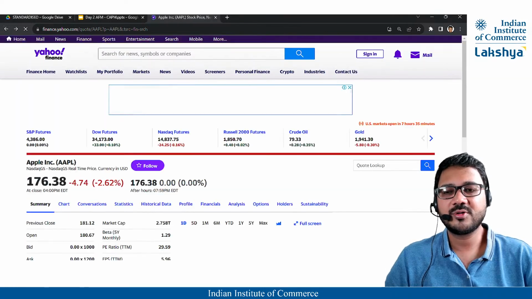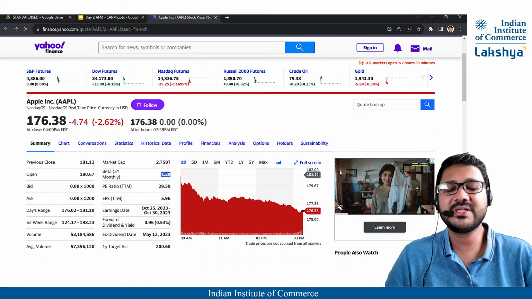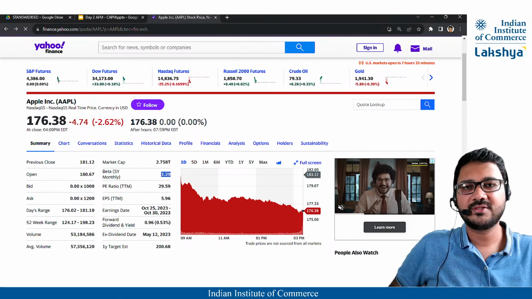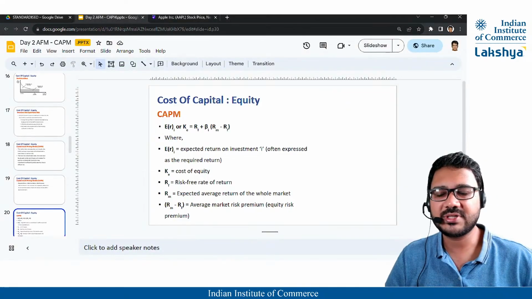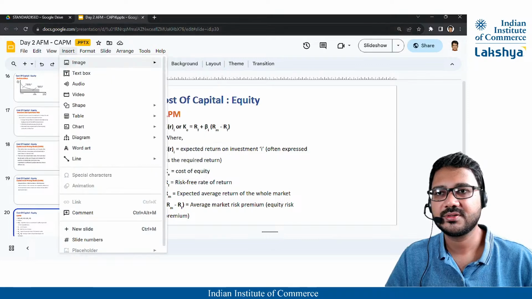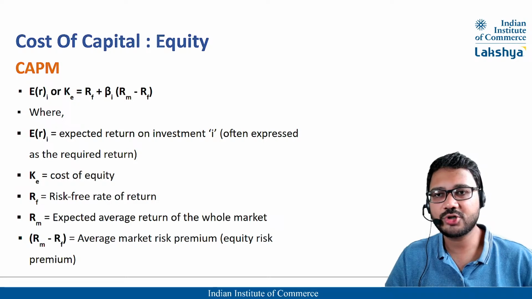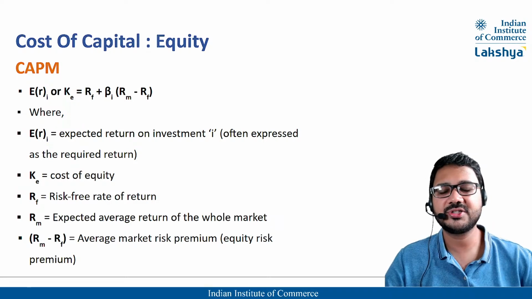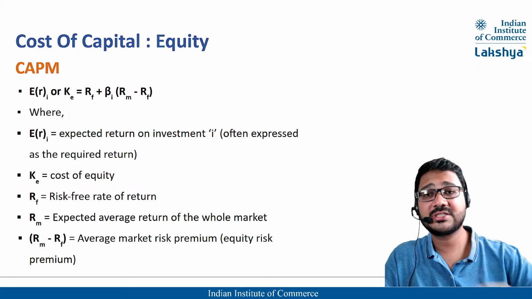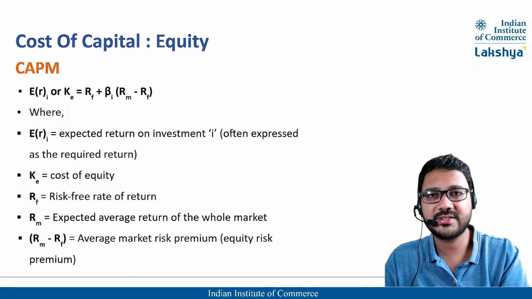So Apple is riskier by 1.3 times, or 1.29 times, than the typical average market. So what you are going to say is that not only do I want that 6% additional market return, but I am investing in Tesla, which is twice as risky as your average market.